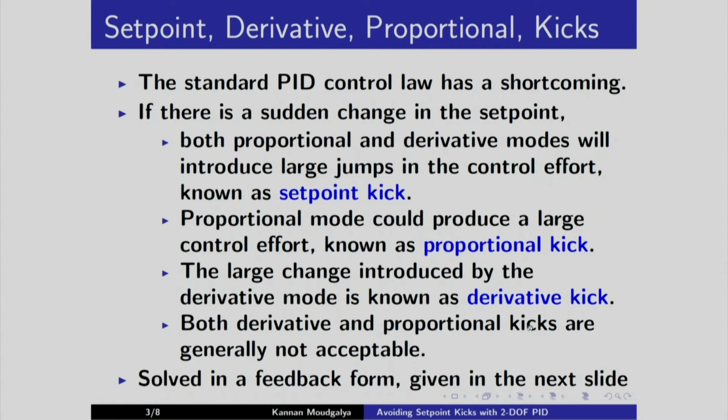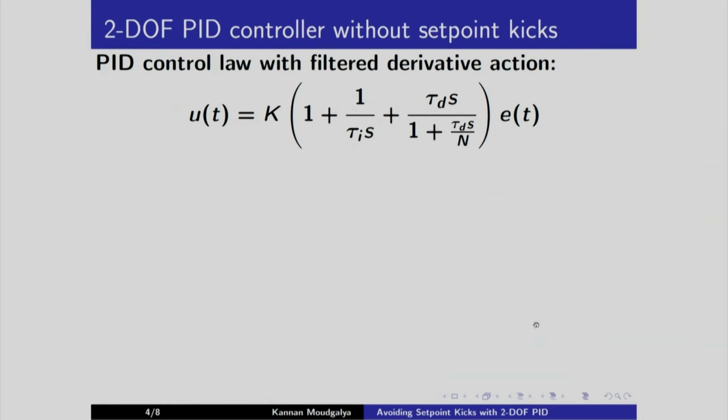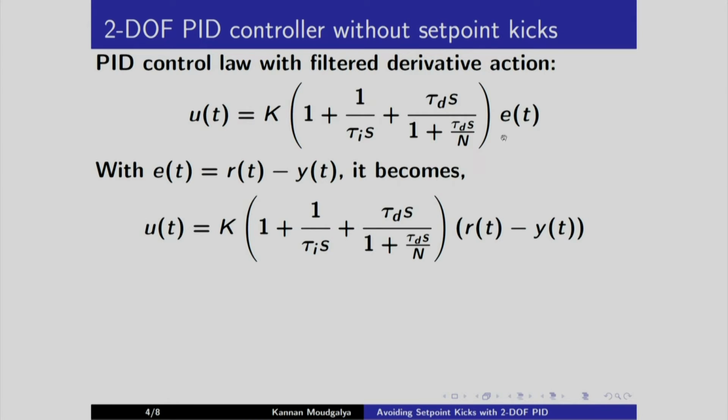We solve this in a feedback form given in the next slide. Consider a PID control law with a filtered derivative action. Filtering comes through this denominator term. Write E as R minus Y. When I substitute, I get this expression.